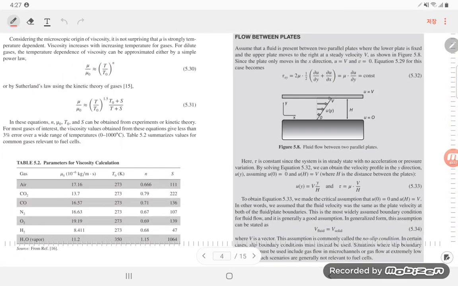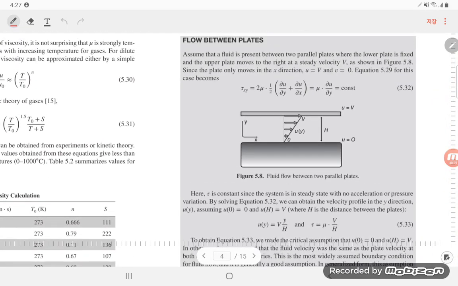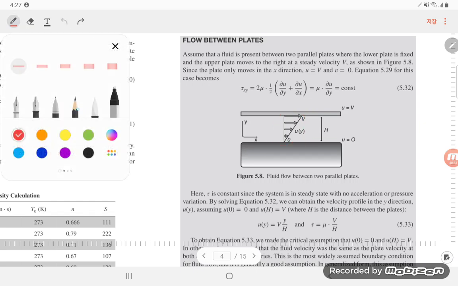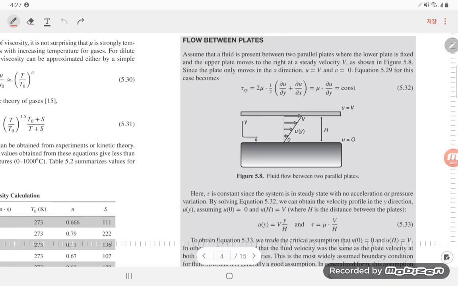This is the Newtonian fluid, which shows this characteristic. Assume that a fluid is present between these two plates, where the lower plate is fixed on this position, and the upper plate moves to the right at a steady velocity v.